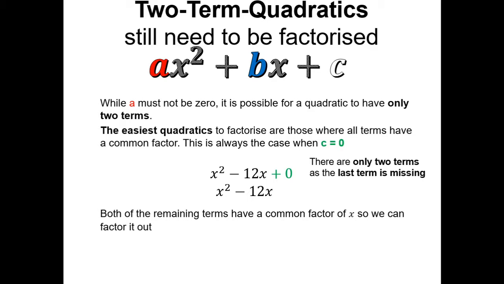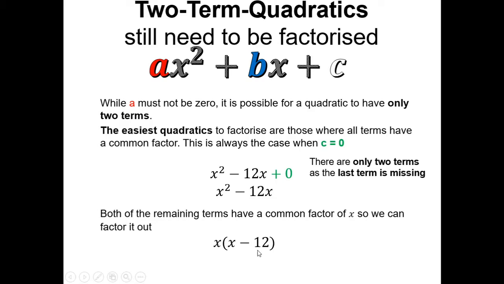So when I want to factorize this kind of quadratic, it's the easiest kind. I'll just factor the x out. I don't need to set up two brackets this time. I just put x outside of one set of brackets. And inside the bracket, I say, if I divide x squared by x, what would be left? Just the x. If I divided minus 12x by x, what would be left? Just the minus 12.